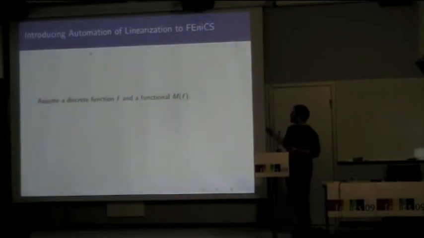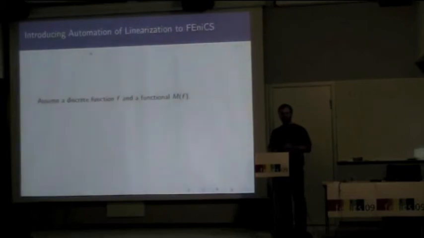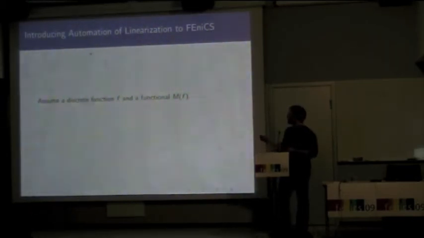And then we have automation of linearization, which is differentiation of entire forms. So that's a form transformation. I think you saw a very good example in the last slide from the talk before lunch. So I'll give a simpler example.